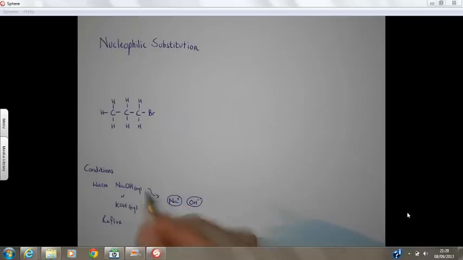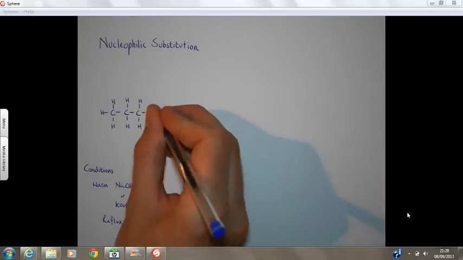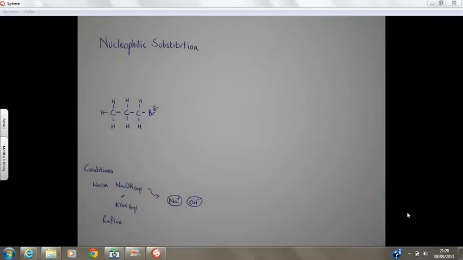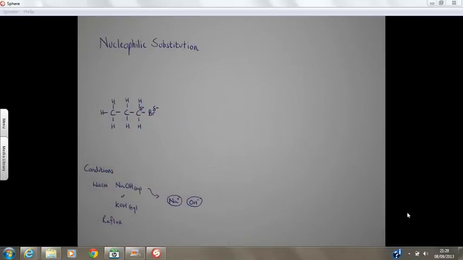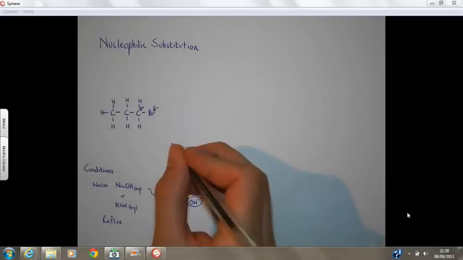And the way we show this is by drawing a delta, it's a Greek letter, delta negative to show that the bromine has become slightly negatively charged, and a delta positive to show at the same time that the carbon is slightly positively charged.